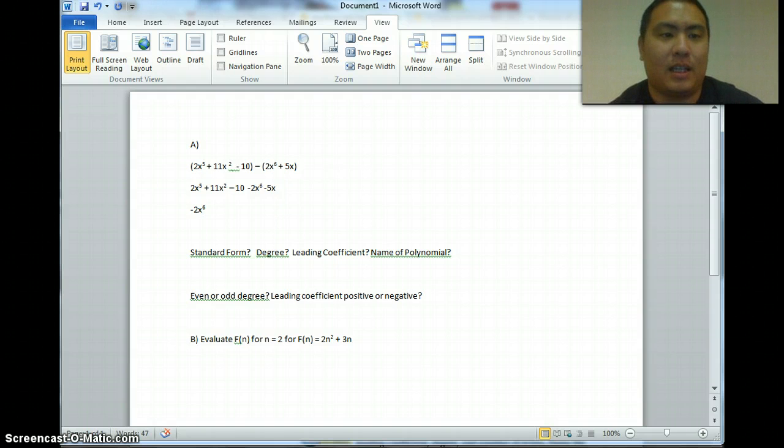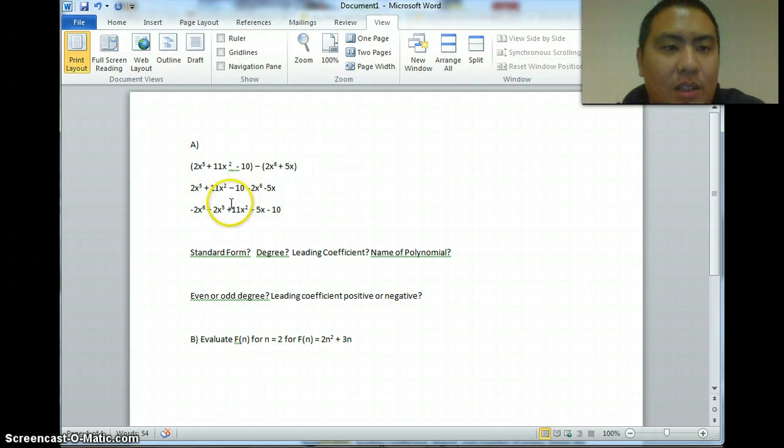And then I'm going to take the next term, which is a positive 2x to the 5th. I see that I have an x squared term, so plus 11x squared. And then I have a plus 5x and a negative 10. Now, interestingly enough, nothing had to be combined here.